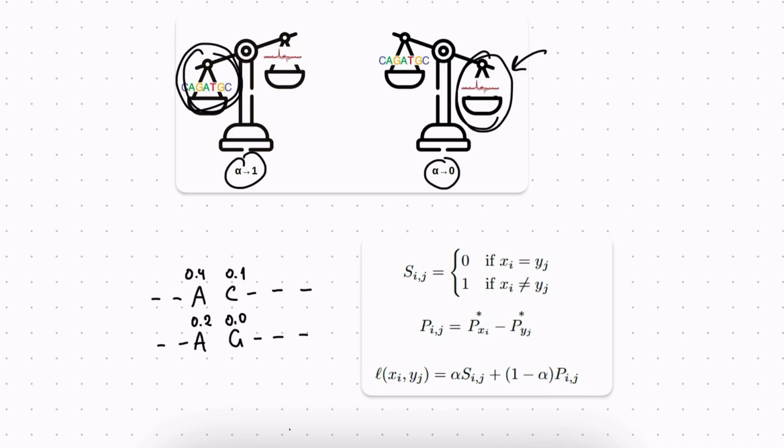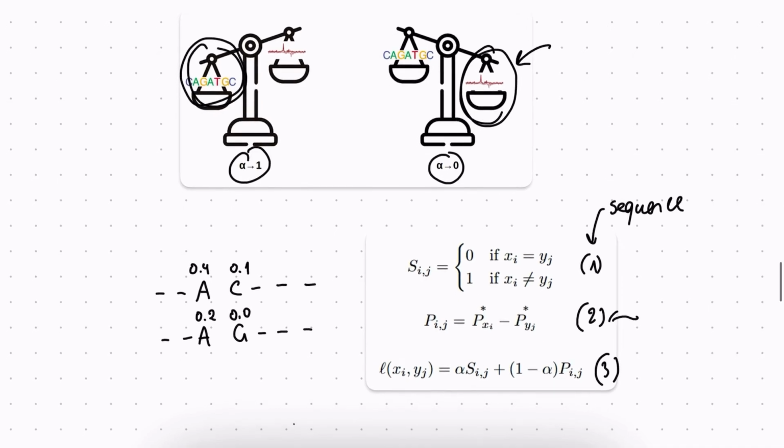We have these three sets of equations. The first equation defines how we compute the sequence loss, and we'll go through an example to exactly understand how the math works.